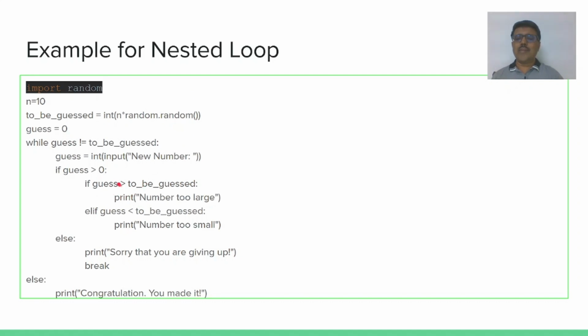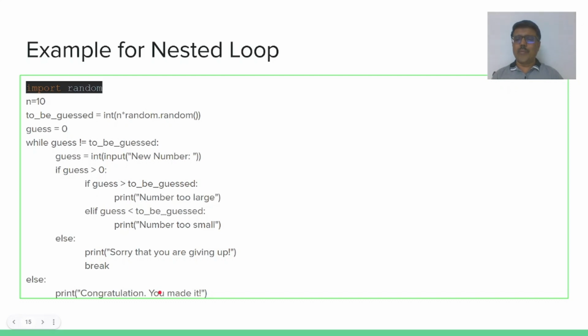If your guess number is greater than the random number generated by the system, it will say your number seems to be larger. Suppose the number generated by the system is less than what you guessed, it will show number is too small. Then you can adjust your input such a way that you will get the correct number. Once you get the correct number, it will be marked as congratulations.